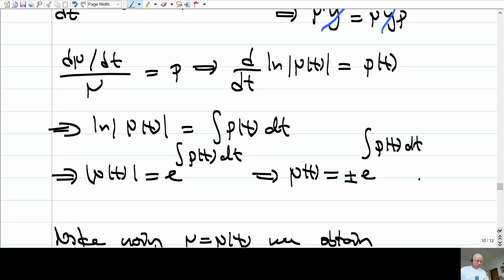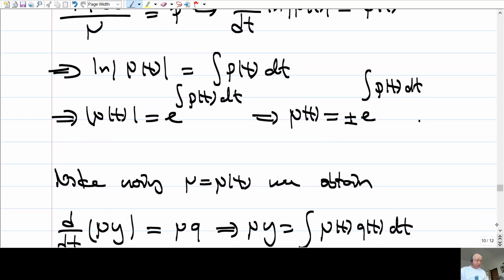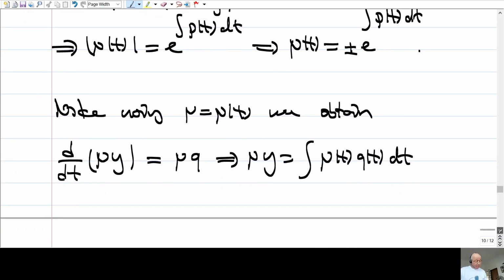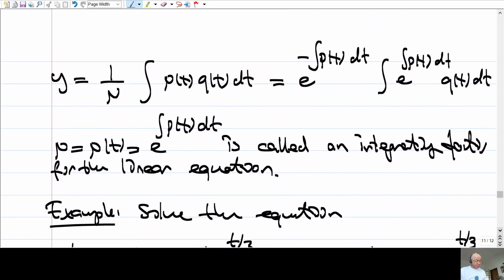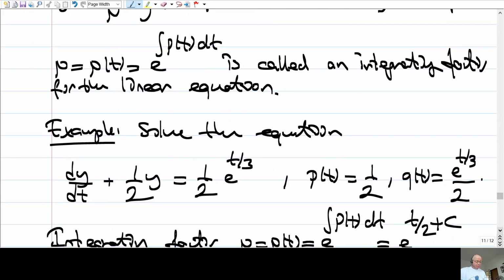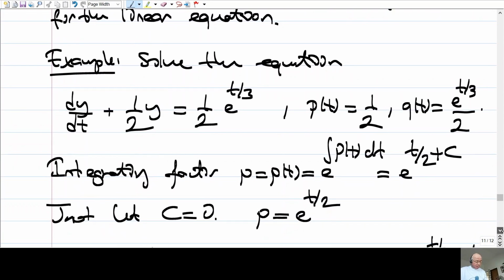Since we are just looking for one integrating factor, I can pick any of such mu's, and I pick the plus sign, and then we use that to solve the equation, and we see that the solution has this form. You don't have to memorize this at all. Each time we just find the integrating factor and then multiply the equation with that factor, and we write down the solution.